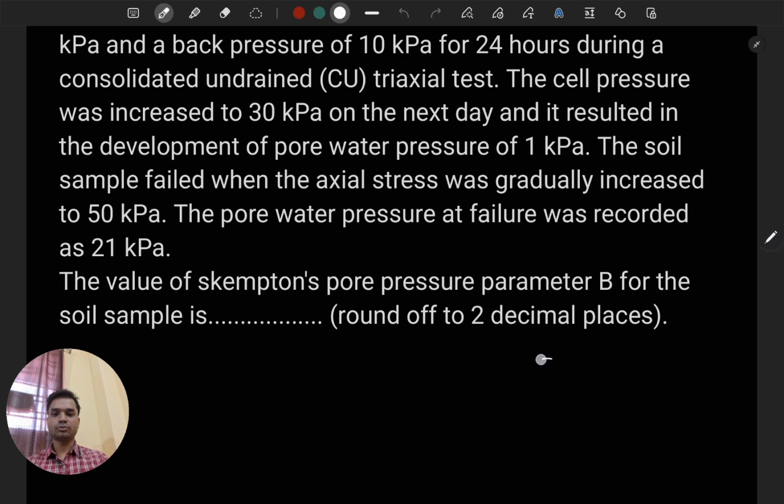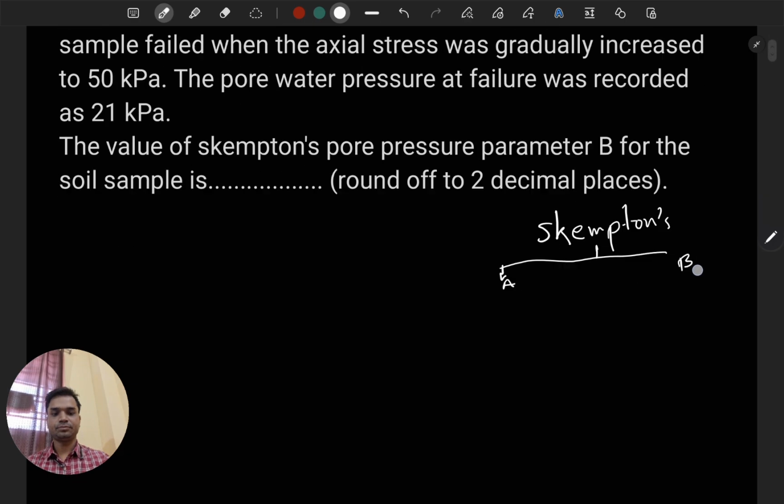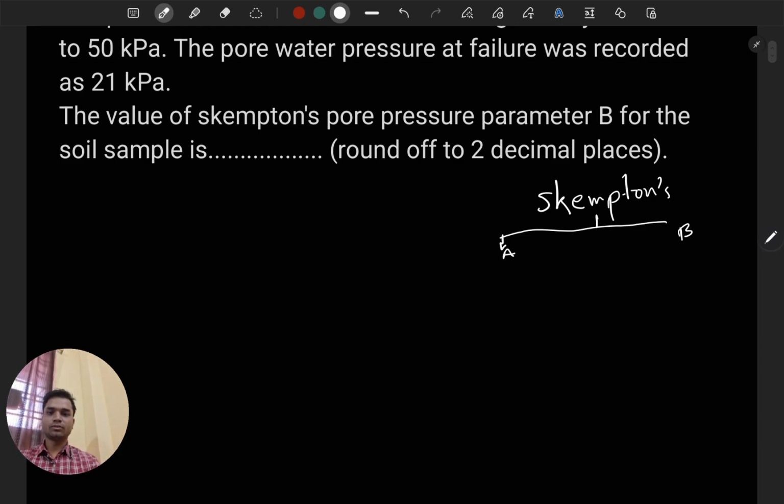As we know, for Skempton parameters, there are two parameters, one A, another is B. Now we are looking to find the value of parameter B. The parameter B is equal to the change in pore water pressure due to cell pressure divided by the change in stress due to cell pressure.